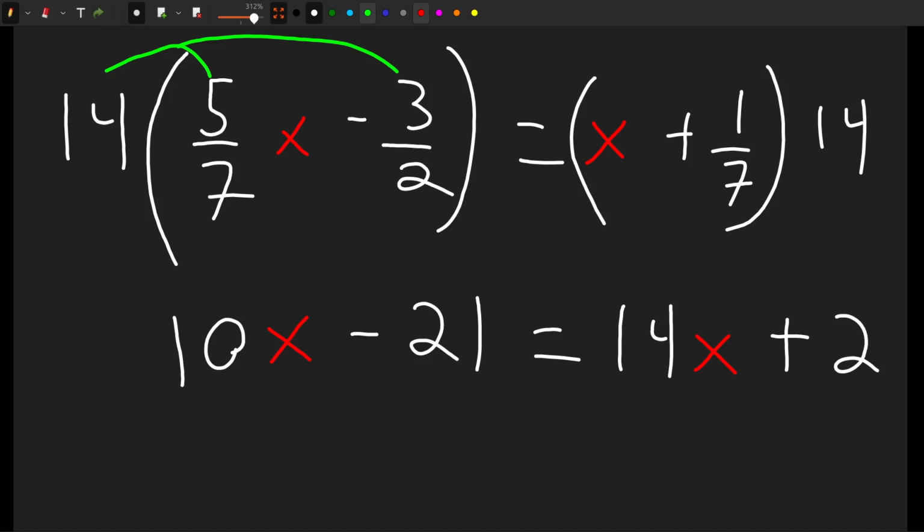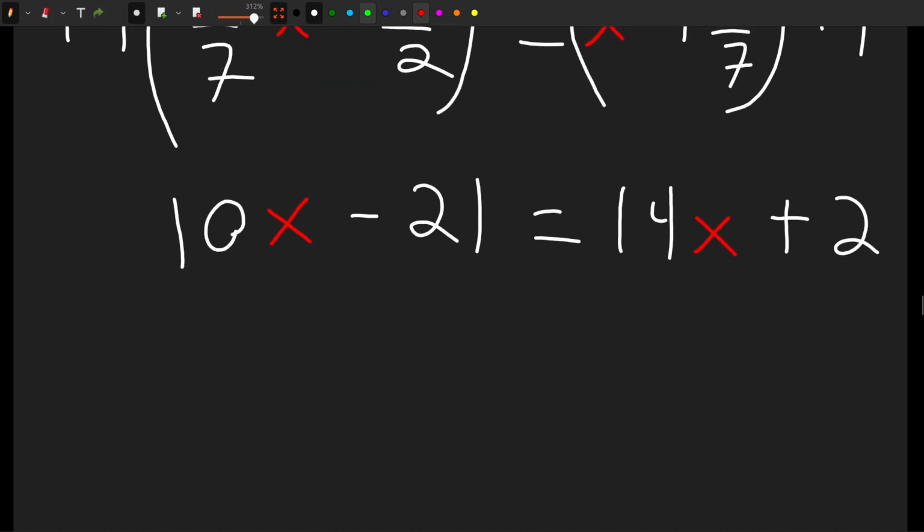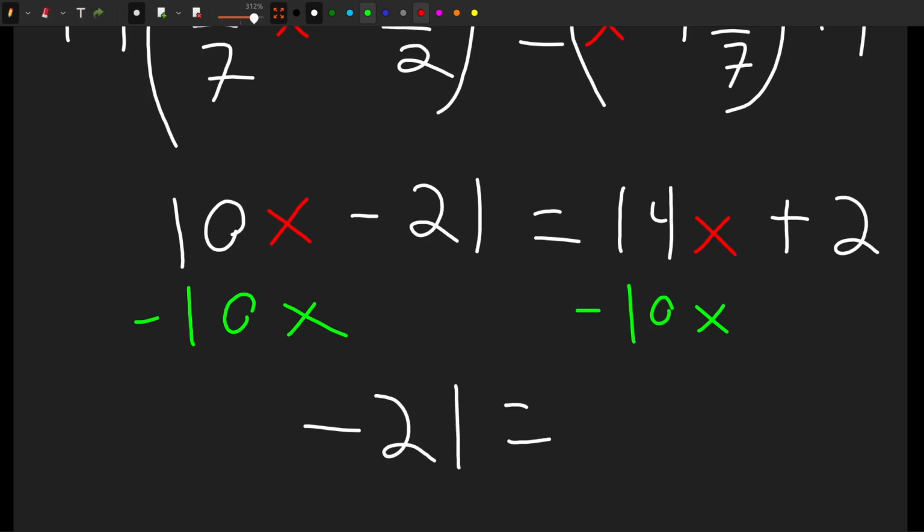Okay. So now here I can combine like terms. I'm going to move my variable term over to the right this time. So I'm actually going to subtract 10x. And that means I'm going to have negative 21 is equal to 4x plus 2.